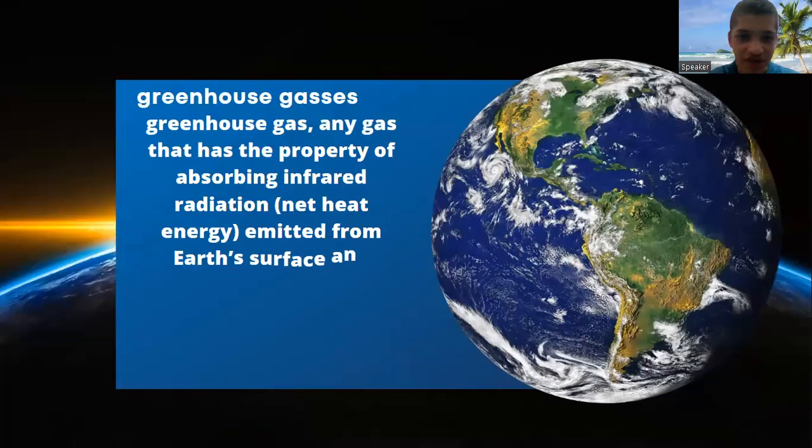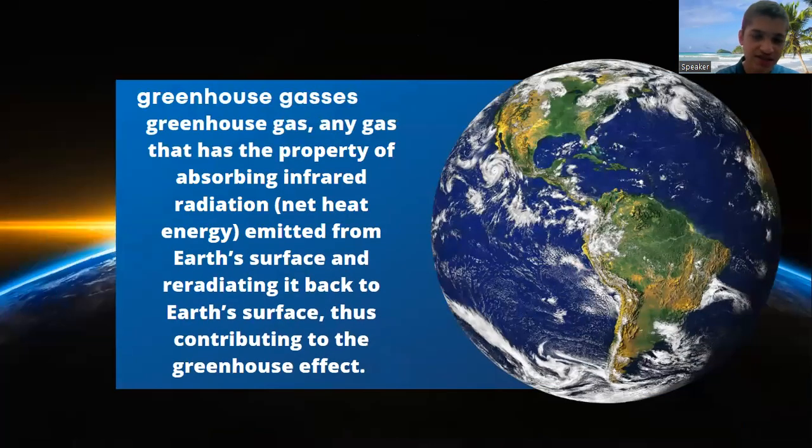And now finally, greenhouse gases. Greenhouse gases are gases that have the property of absorbing infrared radiation, net heat energy emitted from the Earth's surface, and re-radiating it back to the Earth's surface.